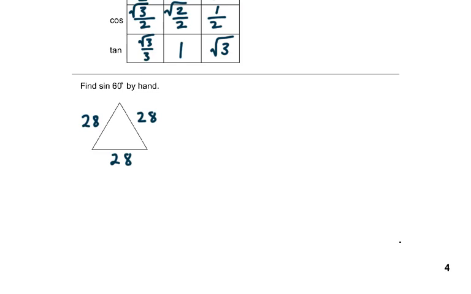Now, if I drop a vertical, I can again create that 30, 60, 90 right triangle. I've got 28. This base angle is 60. The top angle, which was half of 60, is now 30. The base side is 14.